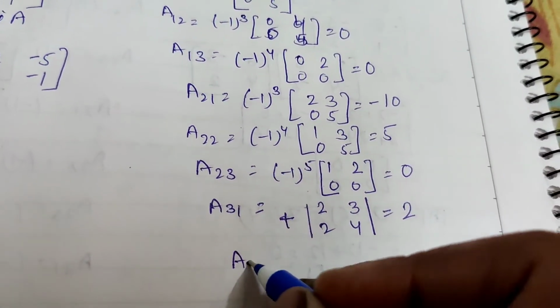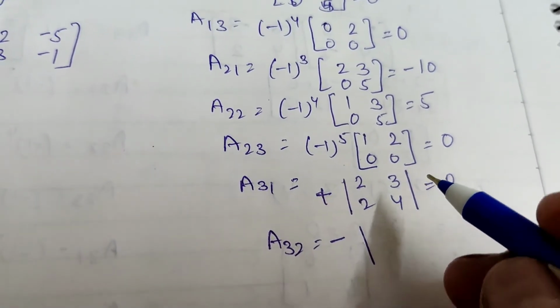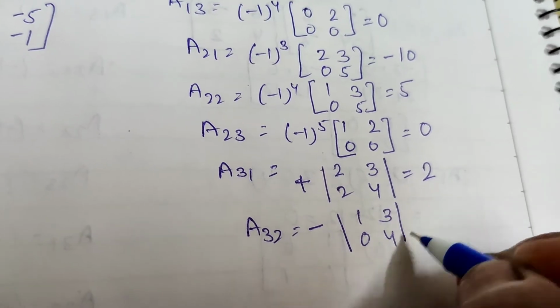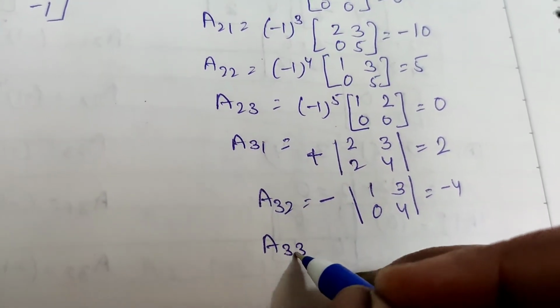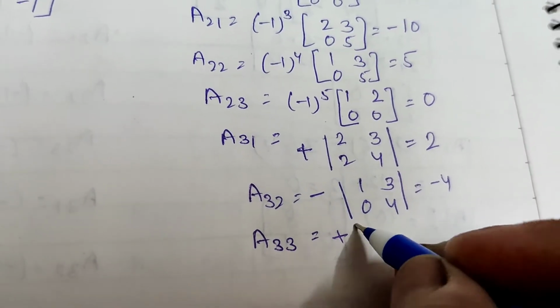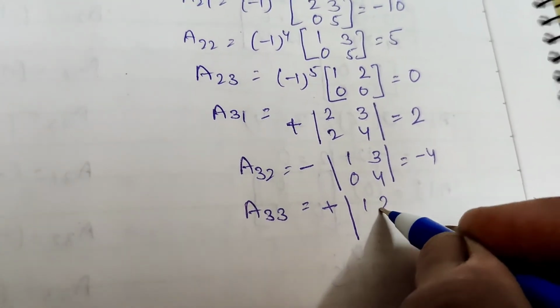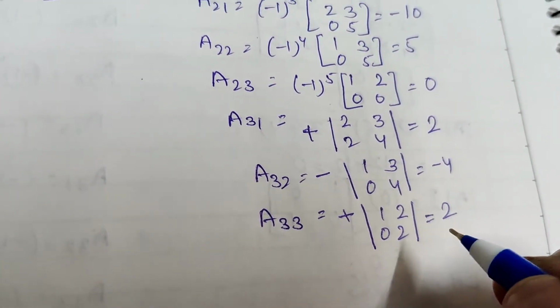A32, third row second column, 1, 3, 0, 4, it means minus 4. A33, plus 3, 3 means 1, 2, 0, 2. It is 2. Okay.